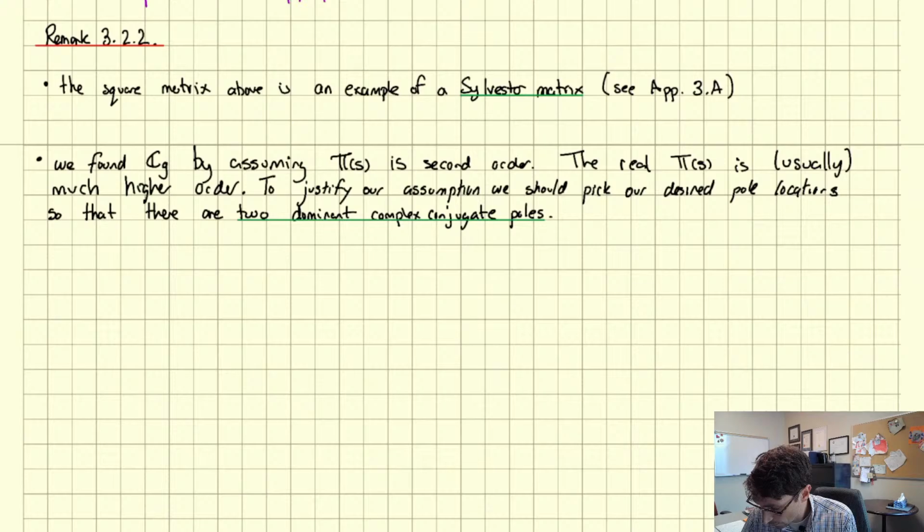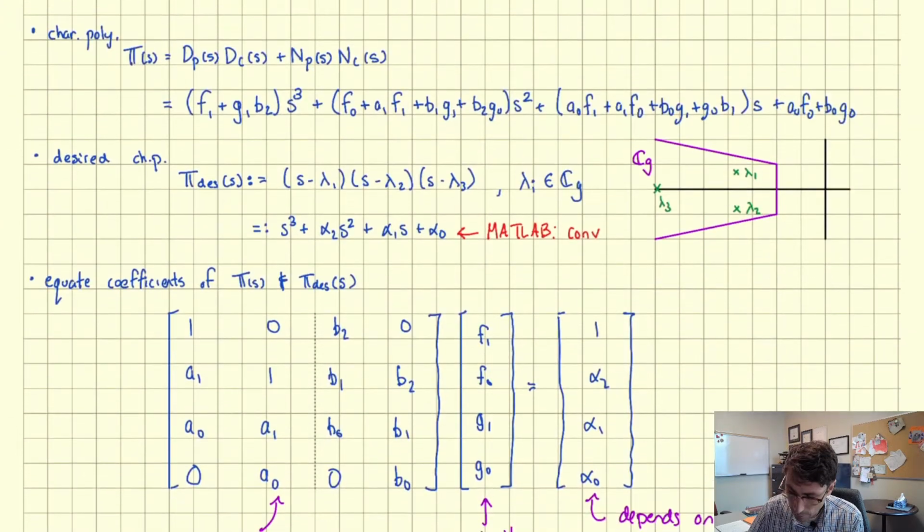Okay. Because again, the good region was generated assuming a second order model. In fact, a second order underdamped, right? And so we want the dominant poles to be complex conjugates so that it's approximately an underdamped second order system. Okay, and that's sort of what I drew up here. That's kind of the idea behind that picture, right? You have two dominant complex conjugate poles, and the third one is further to the left.